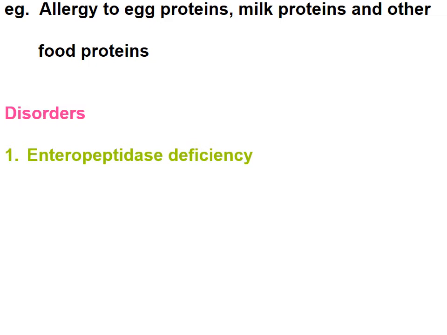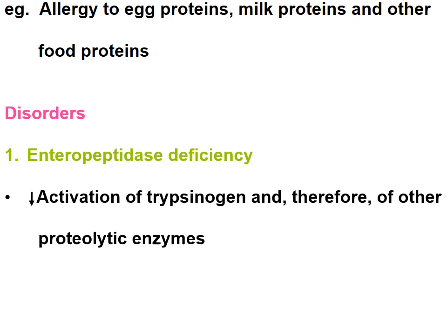If you remember the first class, I said enteropeptidase is required for the activation of trypsinogen to trypsin, and in turn trypsin activates other proteolytic enzymes like chymotrypsinogen, proelastase, procarboxypeptidase, etc. So when this enzyme is deficient, activation of trypsinogen is decreased and therefore other proteolytic enzyme activity is also decreased.